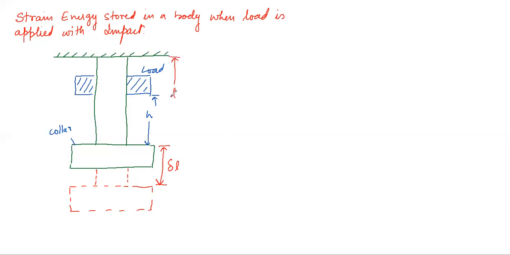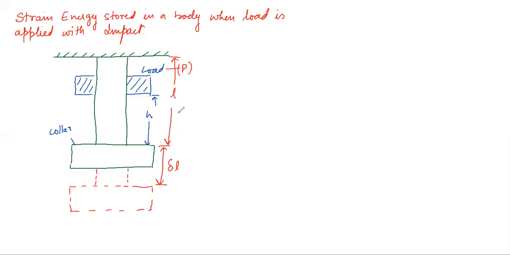This is the rod, and L is defined as the length of the rod, right? The load we have already defined as P. So this is the load dropped, that is, load applied with impact. Let's see what will happen. A load dropped from a certain height before the load commences to stretch the bar is a case of load applied with impact, right?